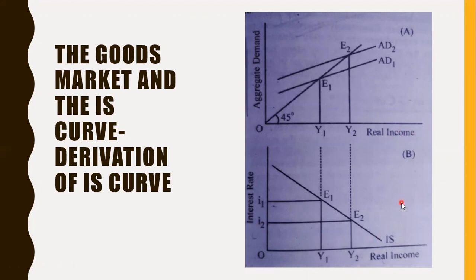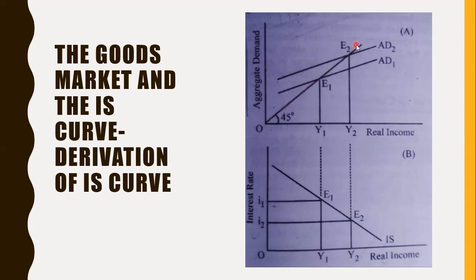In the lower panel, which is termed panel B, we are showing interest rate vertically and real income horizontally. The x-axes are the same, so continuation will happen along the x-axis.